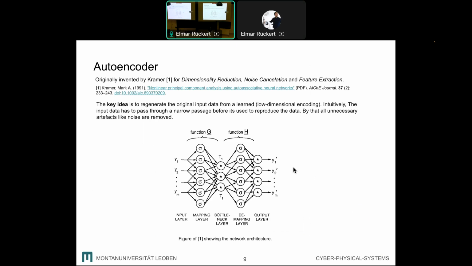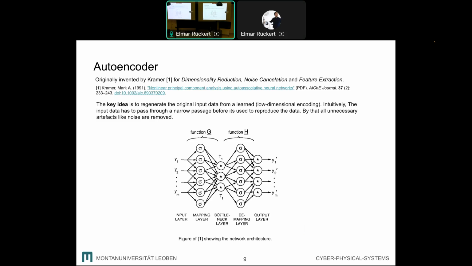And what you will then do as an engineer or as a machine learning expert, you will say, okay, let's start with a larger network where the compression rate is low. Let's say you use 10,000 neurons. And in your middle layer, the narrow passage here, you use, let's say, 300 neurons.